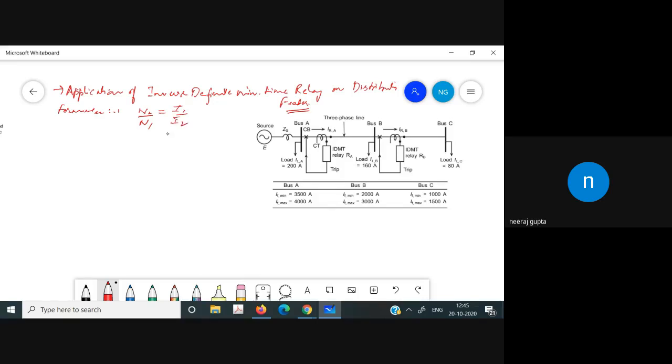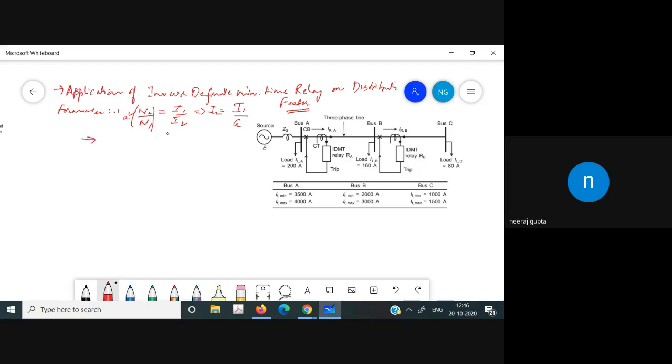So this is the CT ratio, N2 by N1 is the CT ratio, and finally we are getting I2 as I1 divided by this CT ratio. Let us suppose it be A.